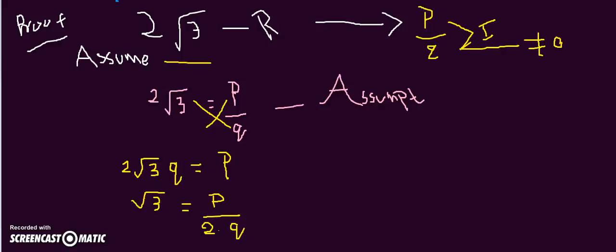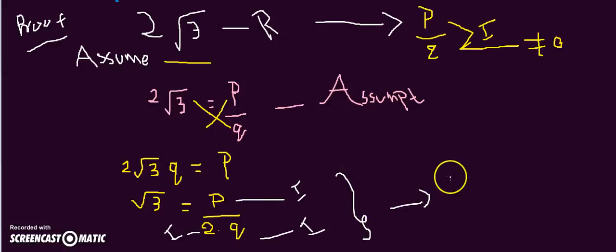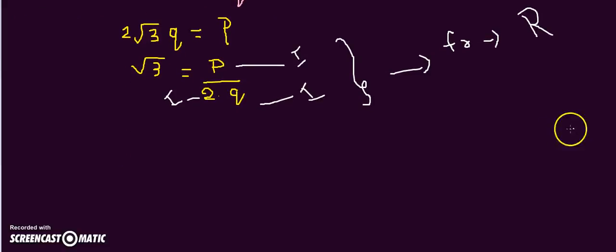Now if you observe the result, p is an integer, q is also an integer, and 2 is also an integer. So obviously the result of p by 2q will be a rational number.